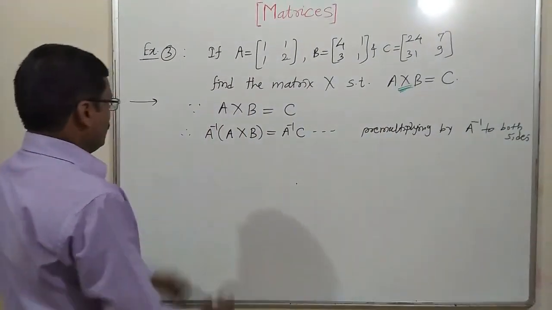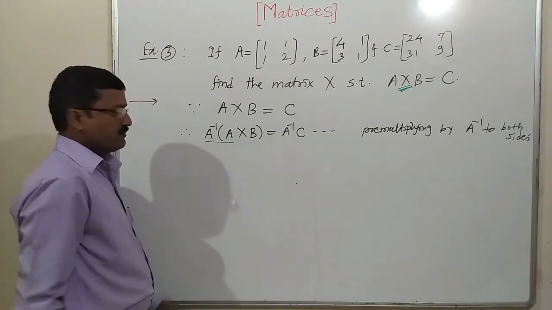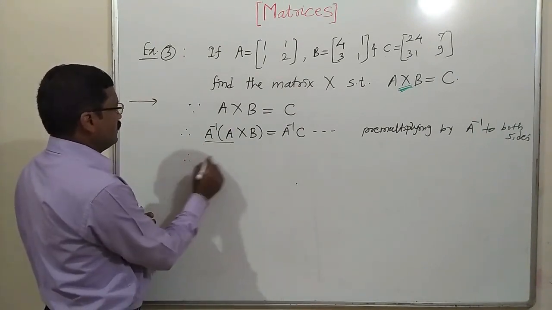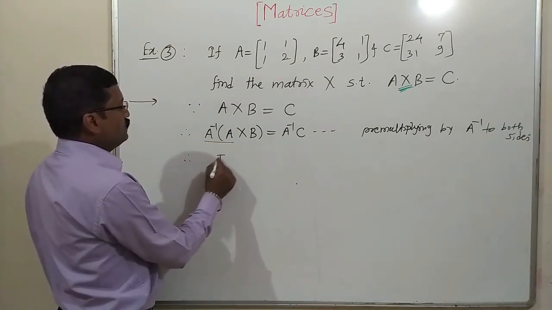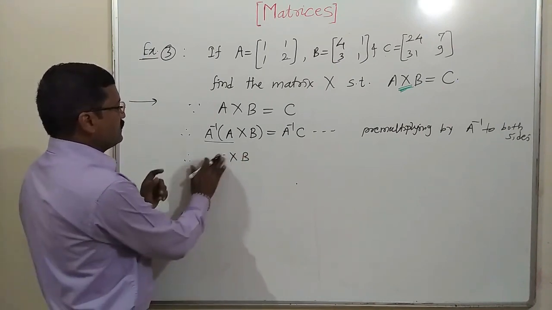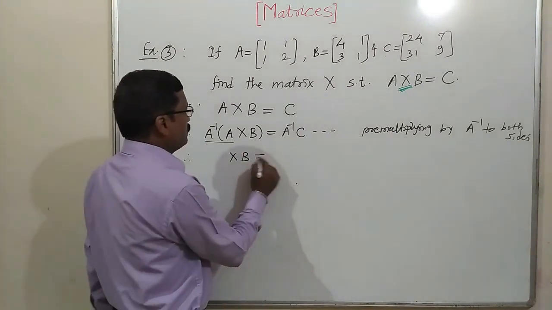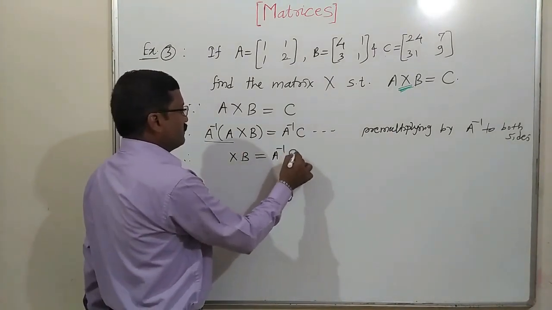Our matrix multiplication is associative, so we can take multiplication of these two. It will lead to I. So I into XB, that is XB only. So we get here XB is equal to A inverse C.